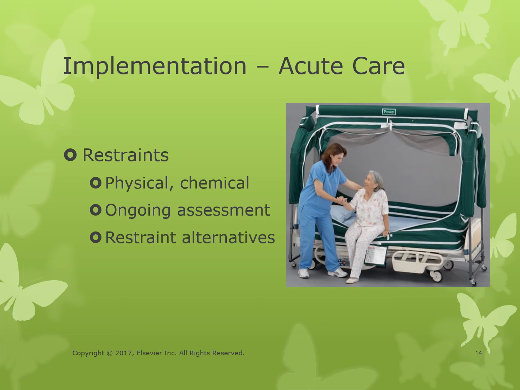A soft-sided, self-contained enclosed bed is much less restrictive than chemical or physical restraints. But I will tell you that if you do have a patient that is restrained in one of these beds, you need to let the family know before they see the patient in this capacity. It can scare them.